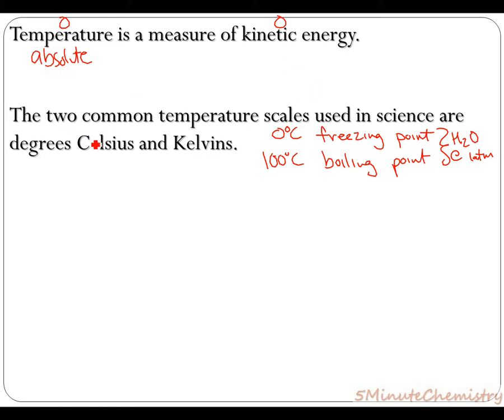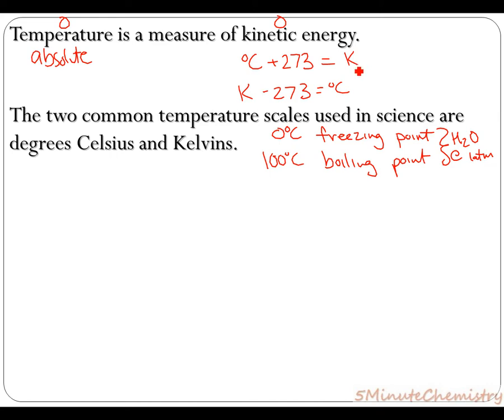The way that we can relate these two things is if I have some temperature in degrees Celsius, all I have to do is add 273, and that will give me the temperature in kelvins. If I've been given kelvins, you take the opposite, go ahead and subtract away your 273, and that'll give you your degrees Celsius.